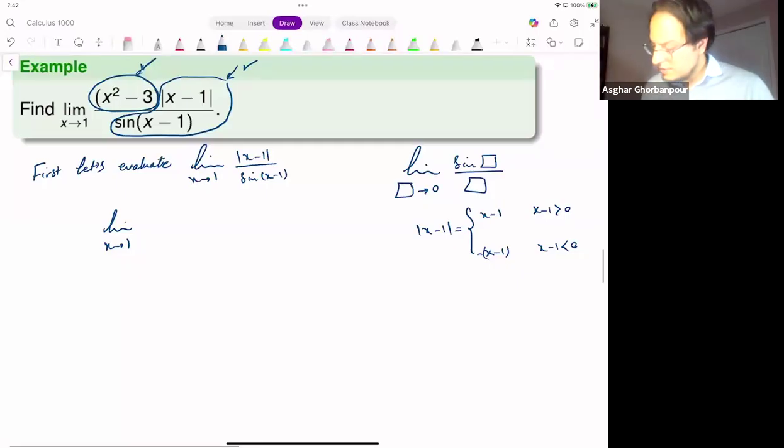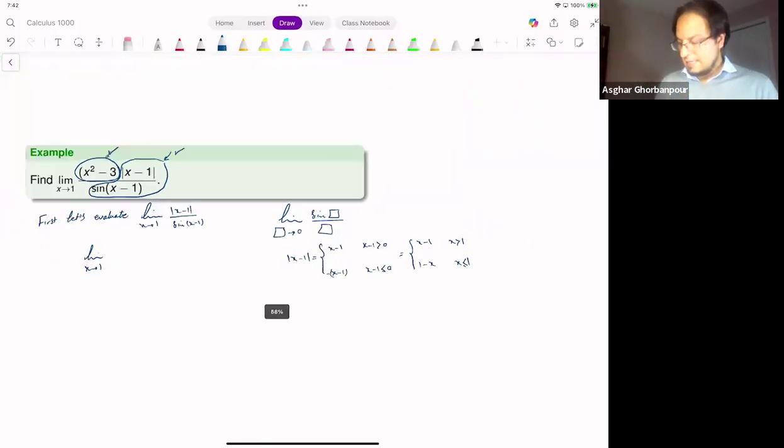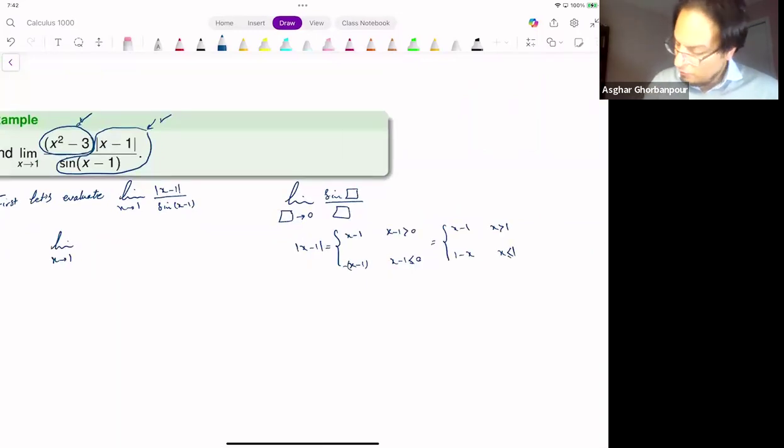In other words, this is x minus 1 if x is bigger than 1, and 1 minus x if x is less than or equal to 1. And that is important for us because we're approaching 1.